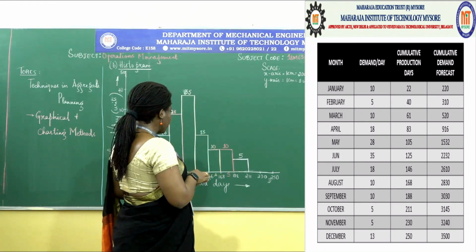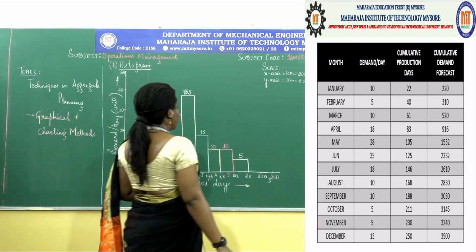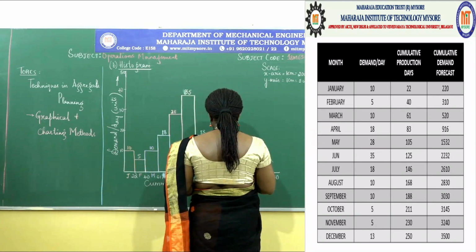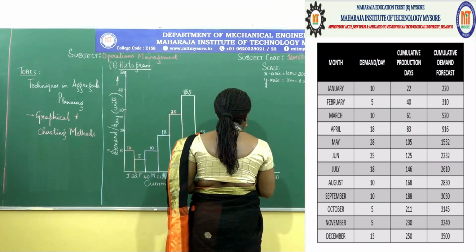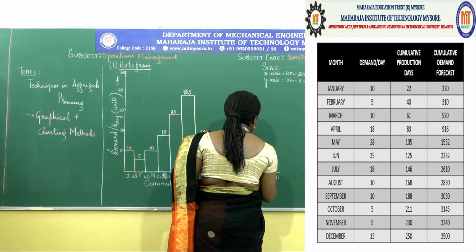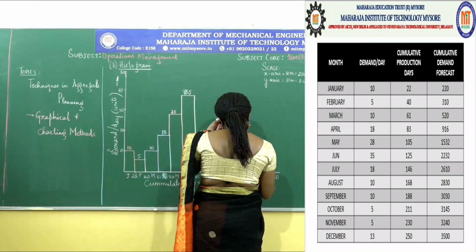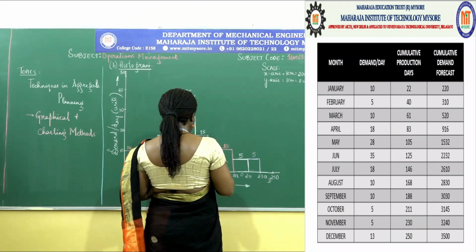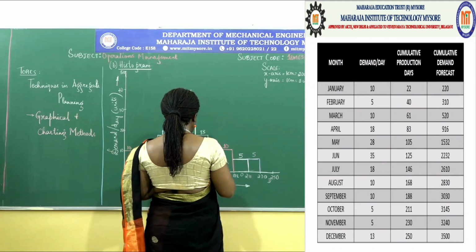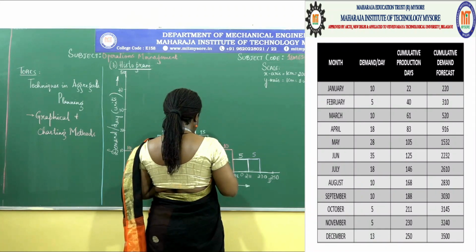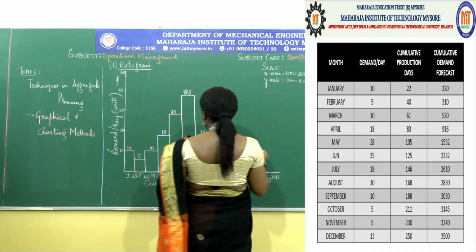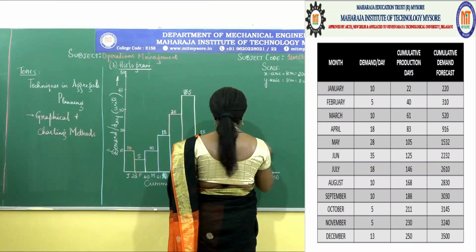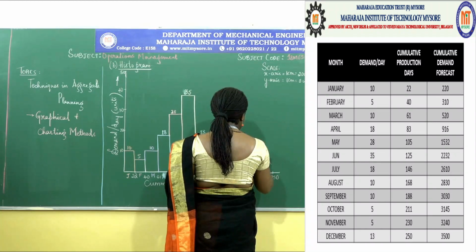In a similar way, for November, we have 5 units in demand, 230 working days cumulative, and for December, we have 13 units in demand.